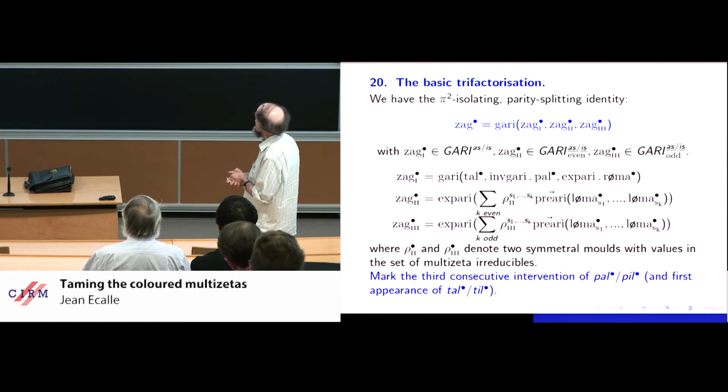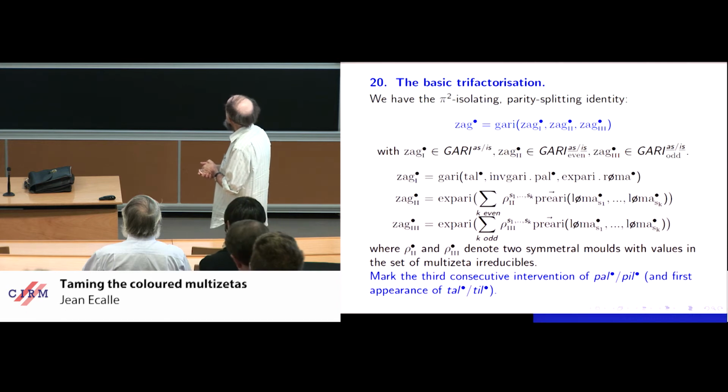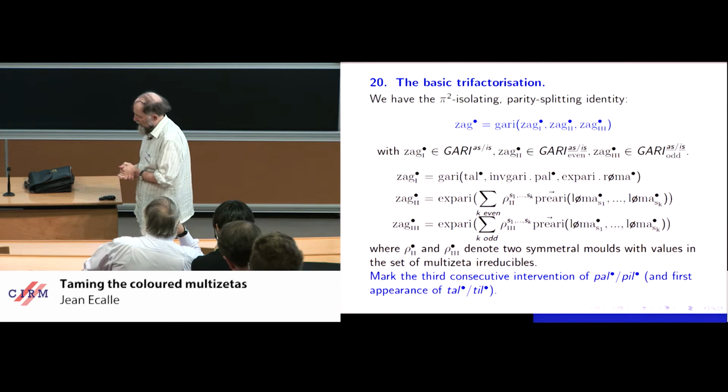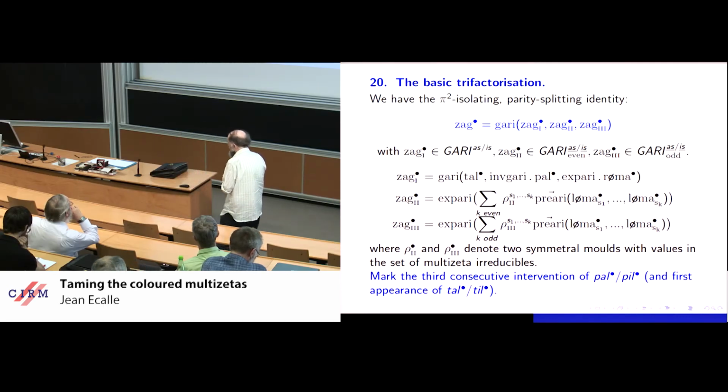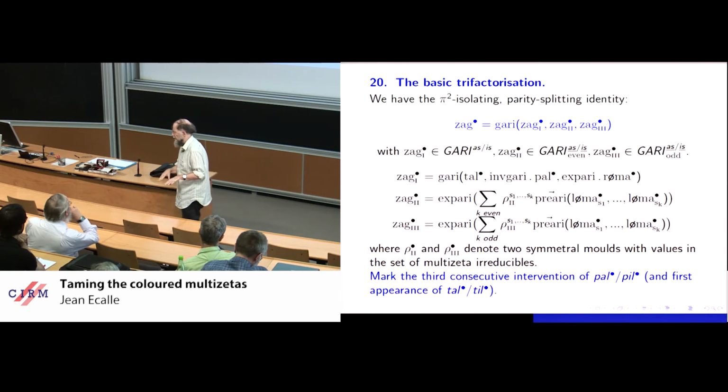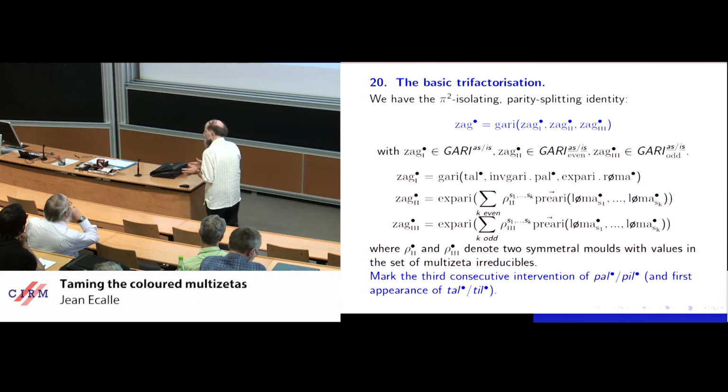The second factor is going to carry even irreducibles, and the third one, odd irreducibles. And the last factor separates from the first two very easily, but you have to work much harder to separate the first one from the second one.